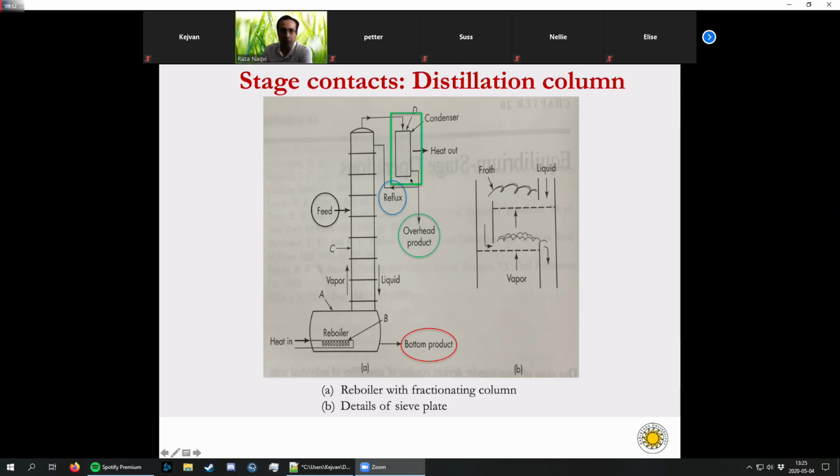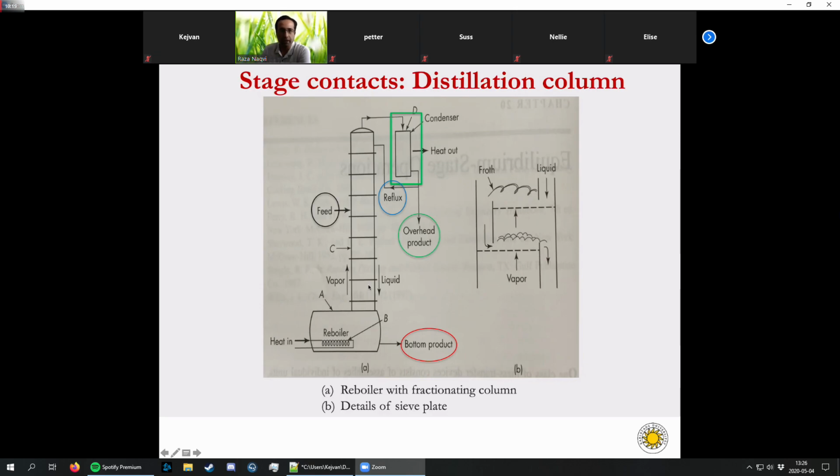So in order to achieve high purity of the more volatile component, it is very important that we return some of the overhead product back to the distillation column. And this is called reflux. And the ratio of how much amount that we return to the overhead product is called the reflux ratio, right?